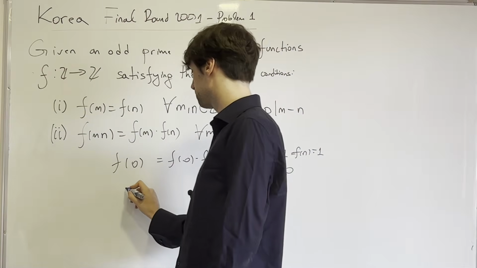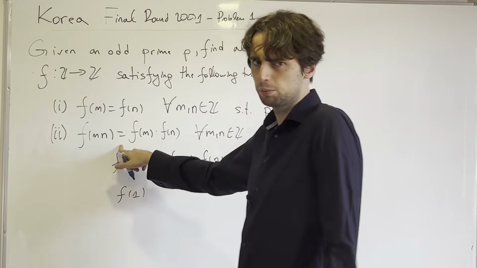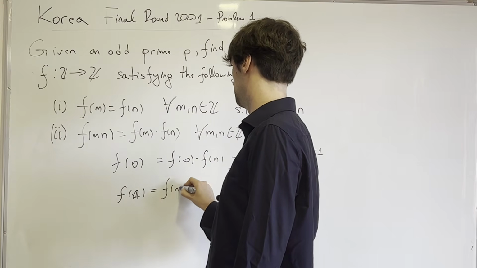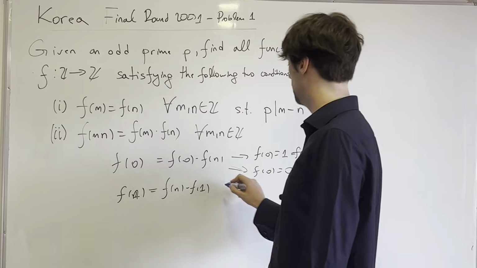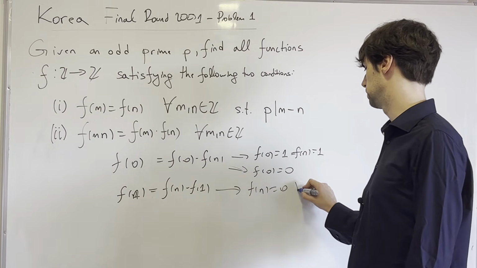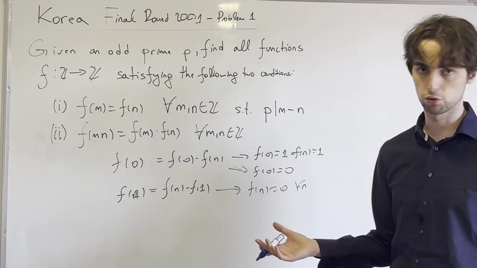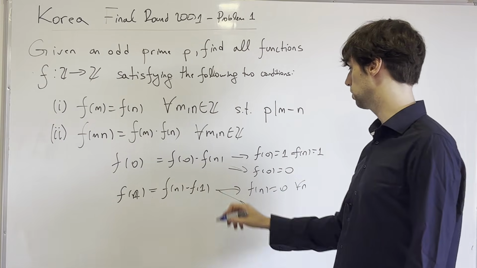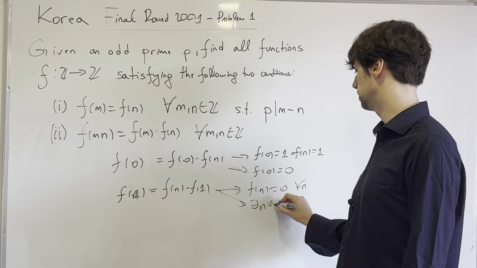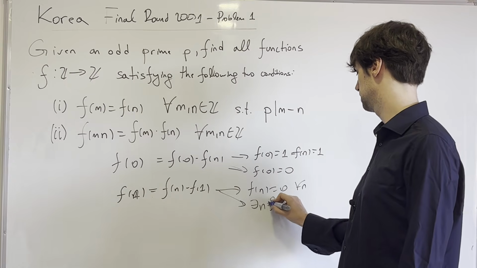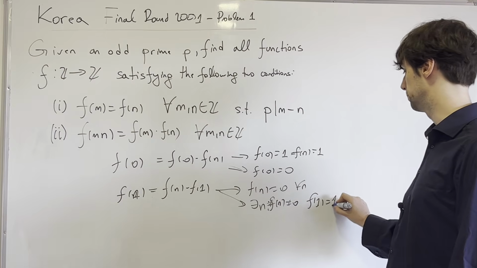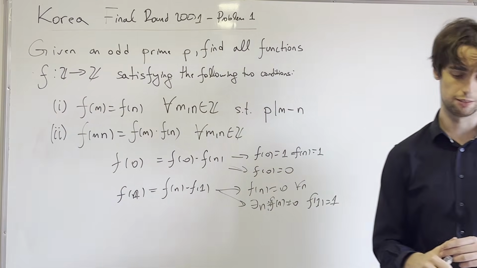Now if we plug in a 1, we're going to have f of n equal to f of n times f of 1. And now you have one of two options, either f of n is equal to 0 for all n, that's option number 1. Or if there exists an n such that f of n is not equal to 0, then we have f of 1 is equal to 1, because then we can divide through.